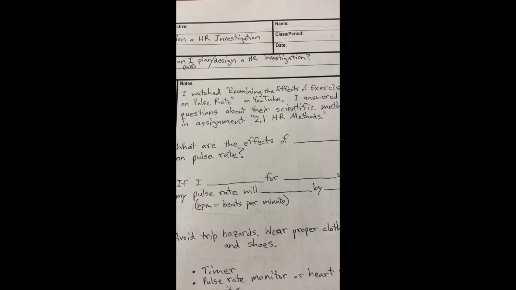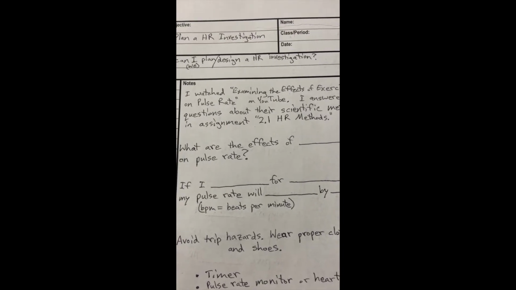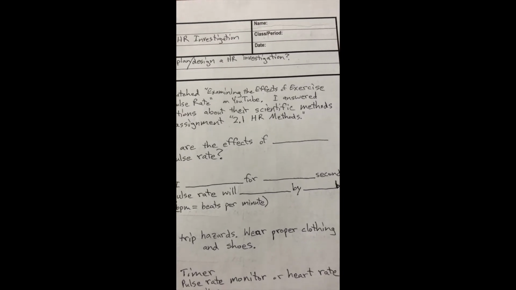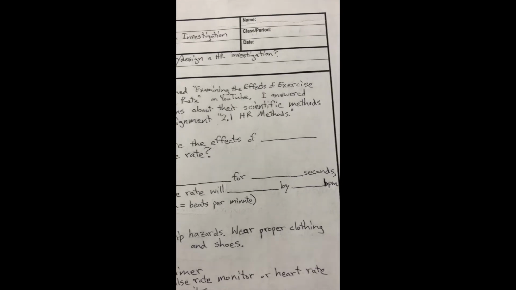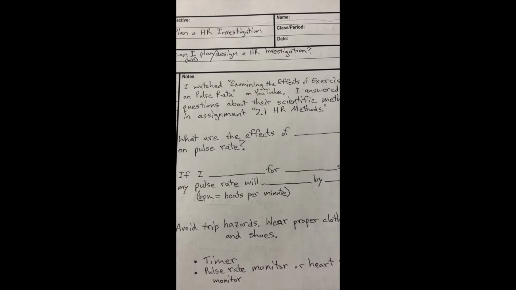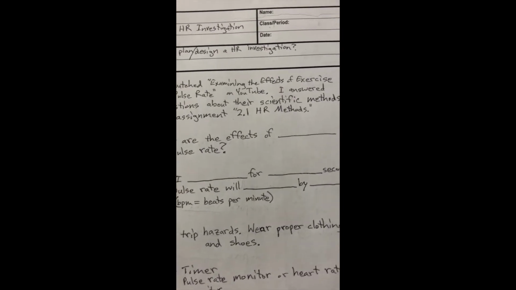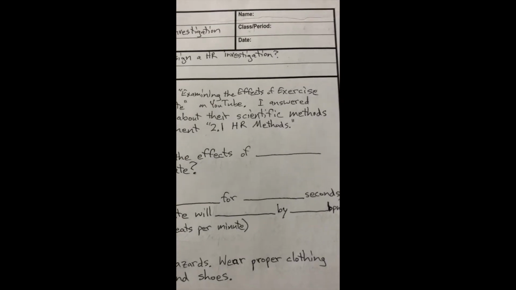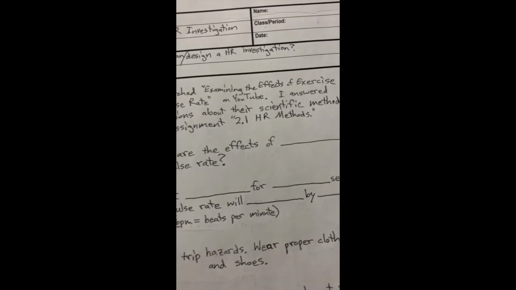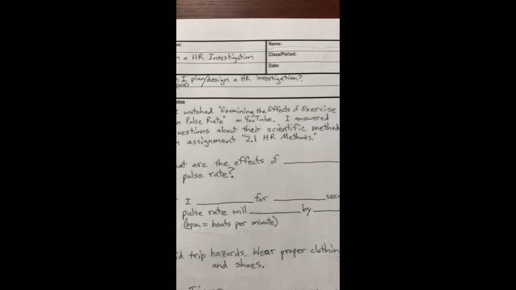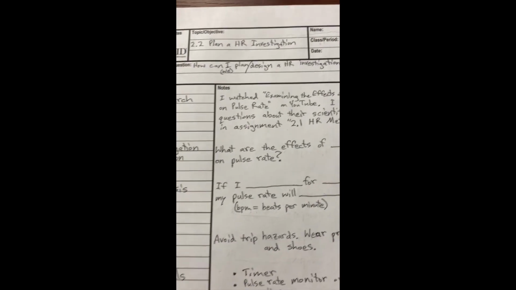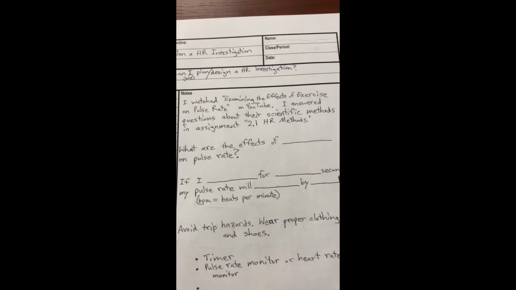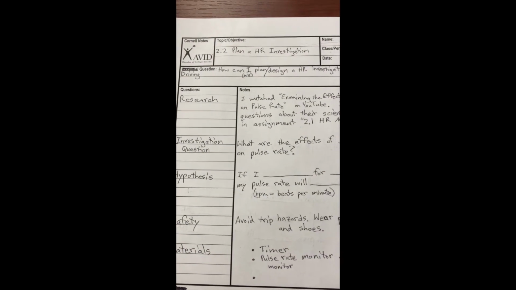How many questions was it? 8 questions about the people in the videos, scientific methods. I answered those questions in assignment 2.1, heart rate methods. If you answered each of those 8 on level, then you got an 80 out of 80. Pause the video and write down your research.